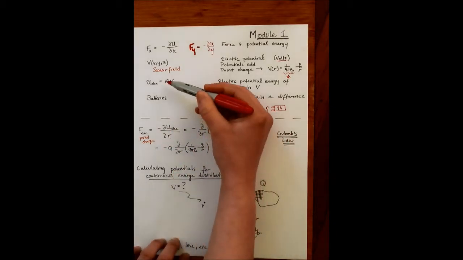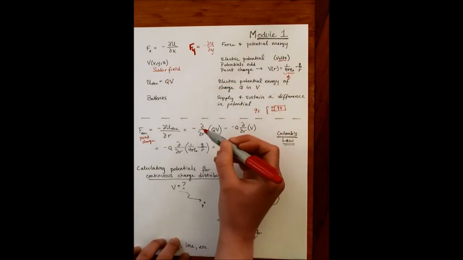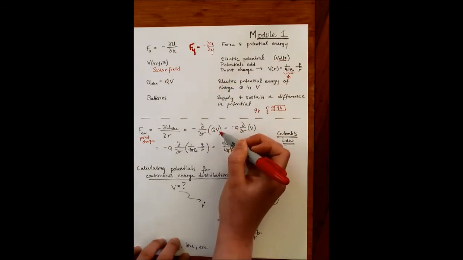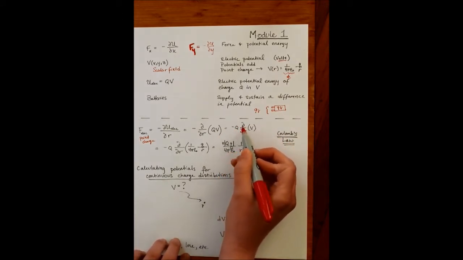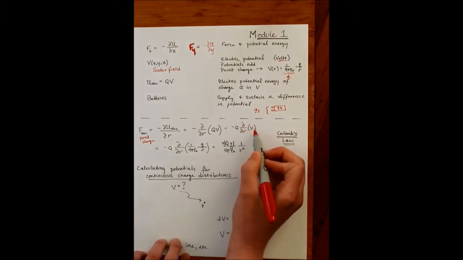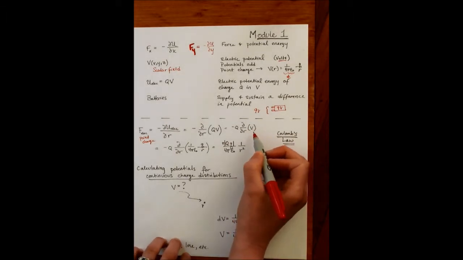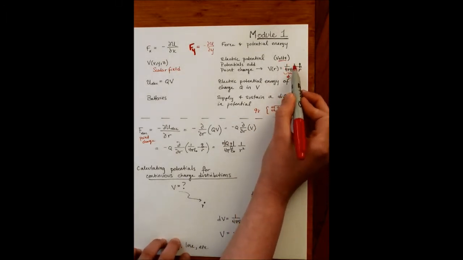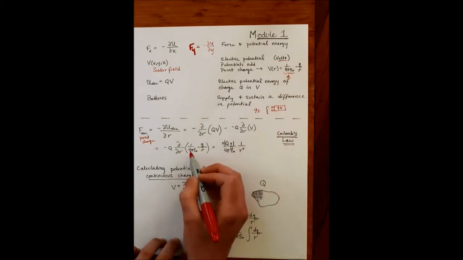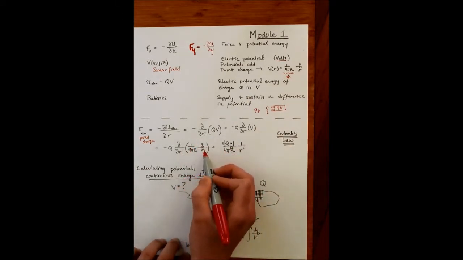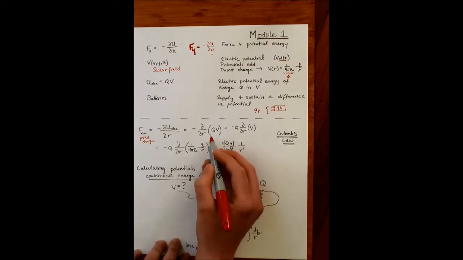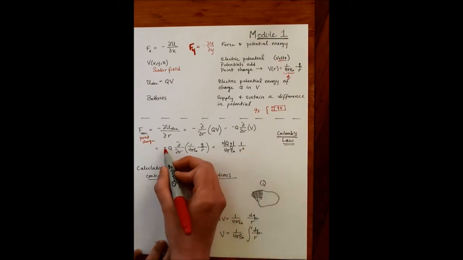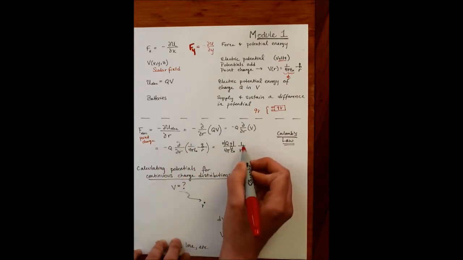If we plug U in, we have minus the derivative of Q times V. Q is a constant, so we can pull that out of the derivative, so we just have minus Q times the derivative of V. And if we plug the potential for a point charge in for V, we have a bunch of constants times 1 over r, so we just have those constants times the derivative of 1 over r, and the derivative of 1 over r is minus 1 over r squared, so the two negative signs cancel and we get 1 over r squared.